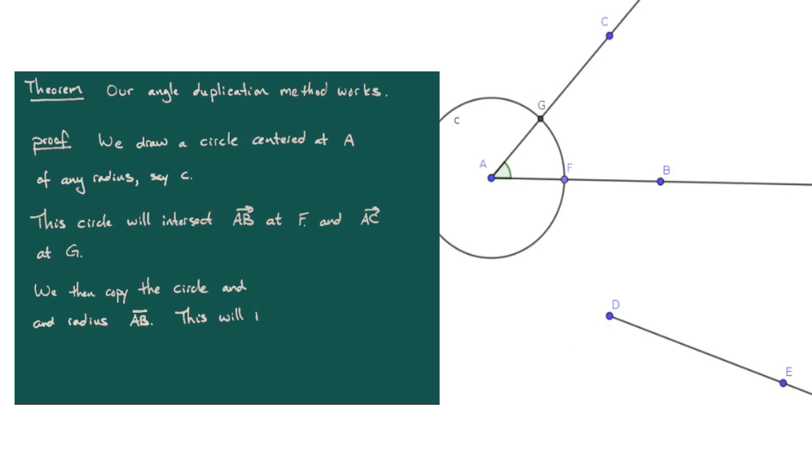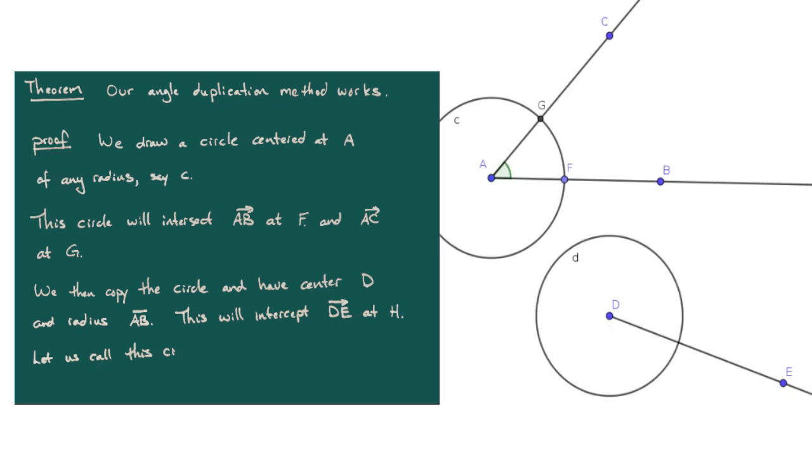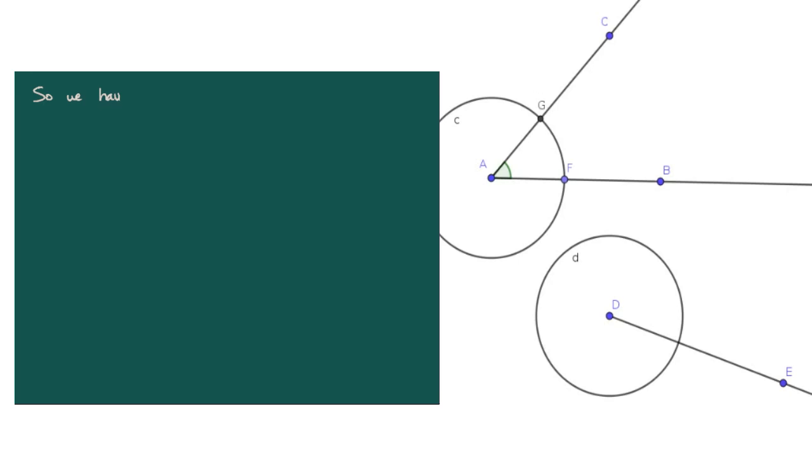And so if we do that, we construct a circle little d, and the radius of little d is congruent to the radius of circle C. So d is going to intersect our ray DE at the point H. Now this means that our segment AF is going to be congruent to our segment DH.